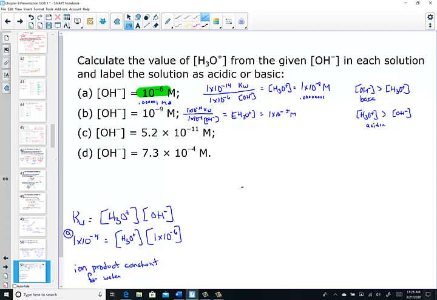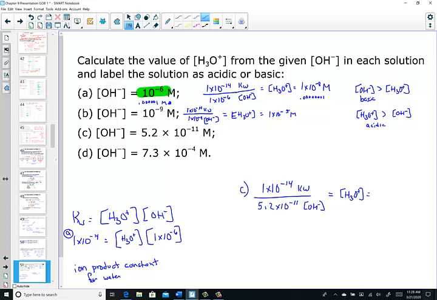Letter C, let me come down here. 1 times 10 to the negative 14th, that's our Kw, divided by 5.2 times 10 to the negative 11th, that's your hydroxide. That'll solve for hydronium.